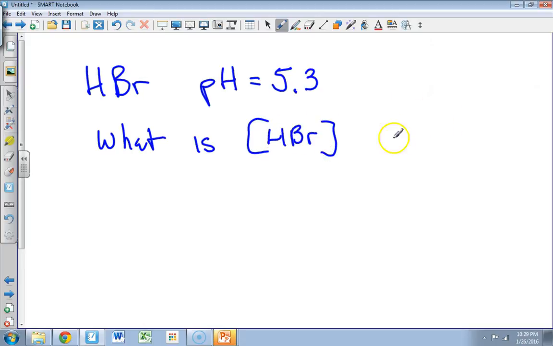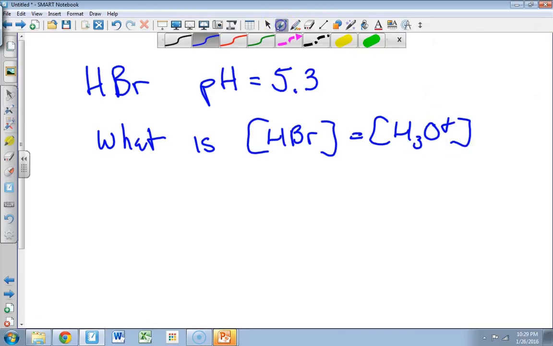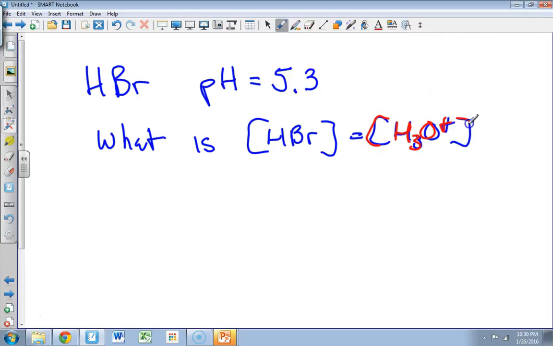Now, HBr is a strong acid, so that means that the concentration of HBr is going to equal the concentration of H3O+. Okay, and so let me do my work in a little different color here. I'll put that right over this. H3O+, okay? And so again, we're going to use the same formula.